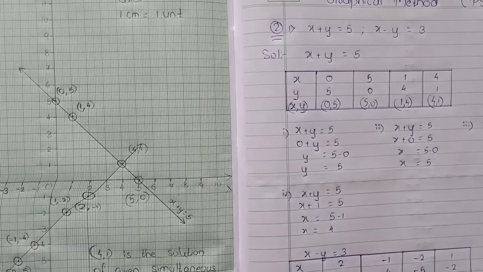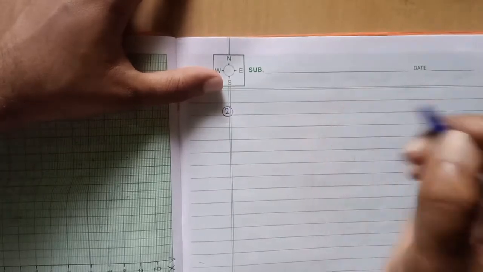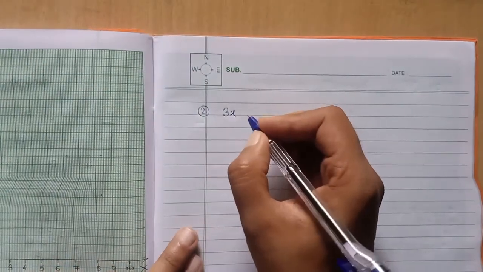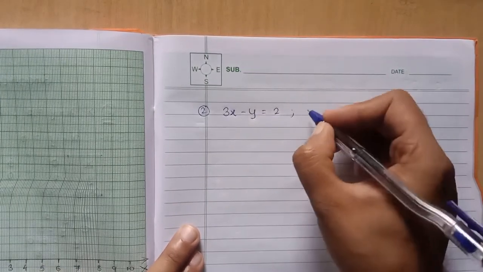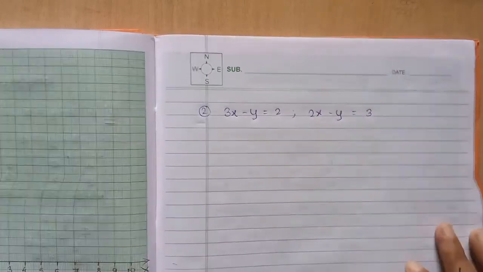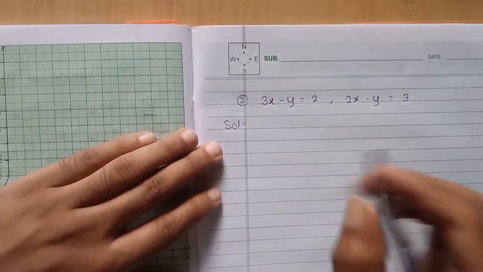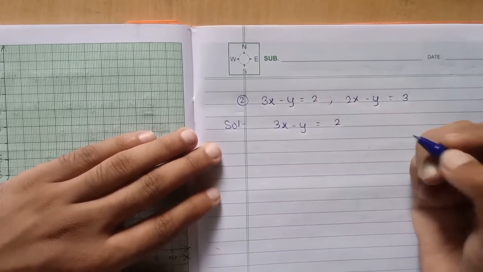Now let's take another example to better understand the sums. Suppose I take 3x minus y is equal to 2 and 2x minus y is equal to 3. Same steps. First solve one at a time. Write the first equation, 3x minus y is equal to 2.